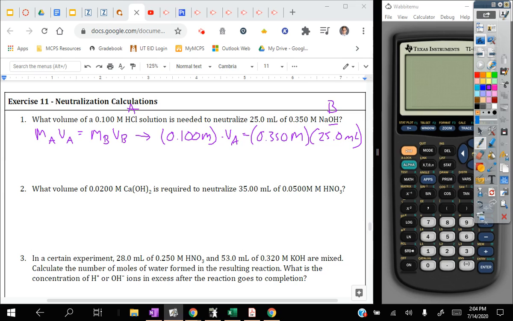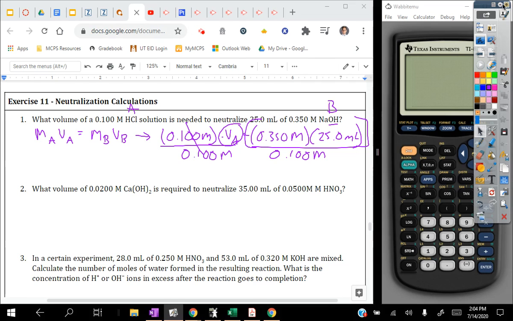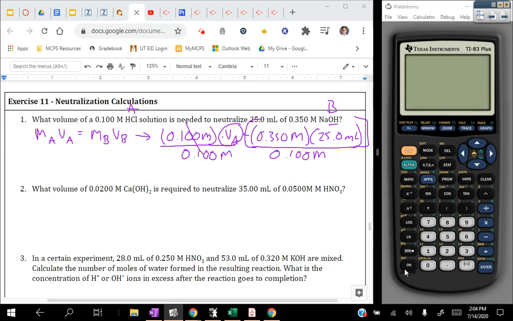All right, so to solve for the volume of acid, I need to divide both sides by 0.100 molar. This cancels, and I'm left with VA is equal to the top, 0.350 times 25 milliliters due to order of operations, divided by 0.100.